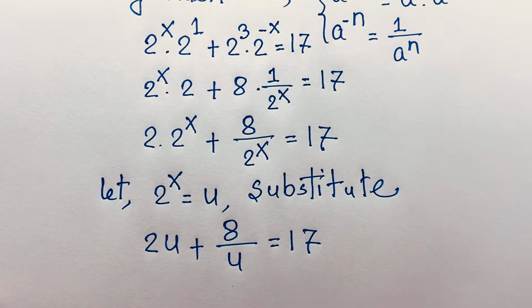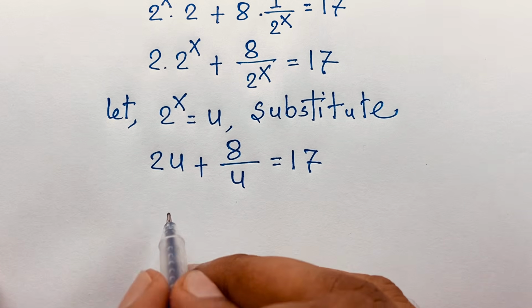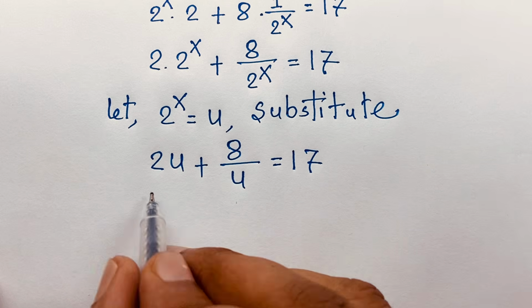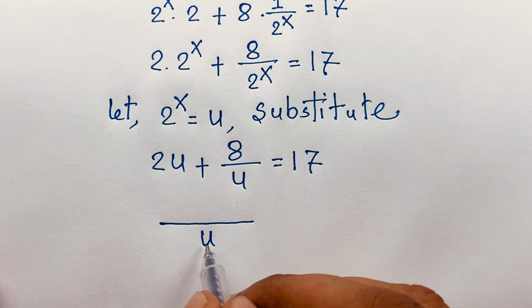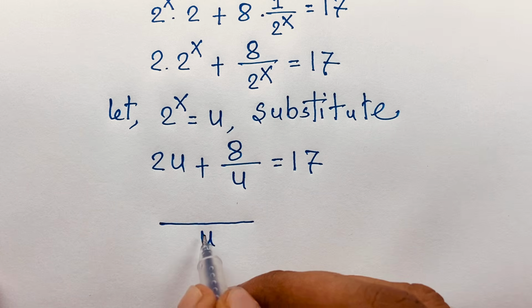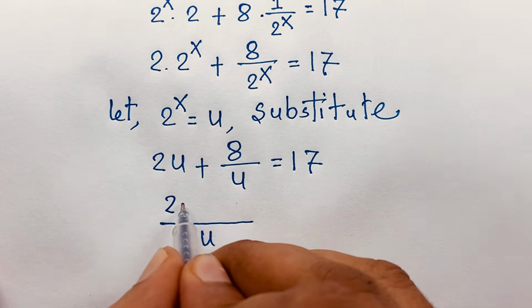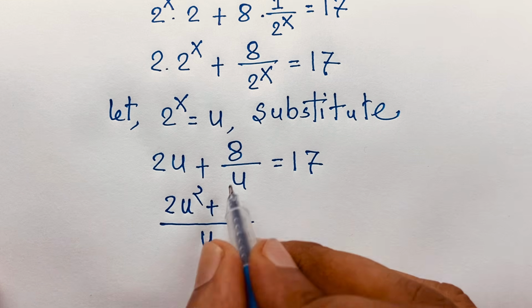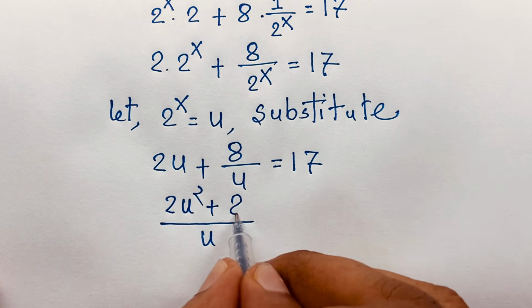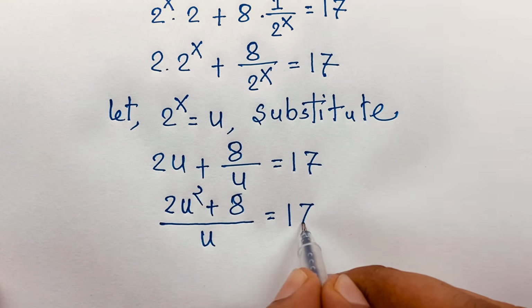Now this is u, this is u, so I take the least common denominator u. So 1 times 2u will be 2u square, and this u divided by u will be 1 times 8, this is 8, is equal to 17u.